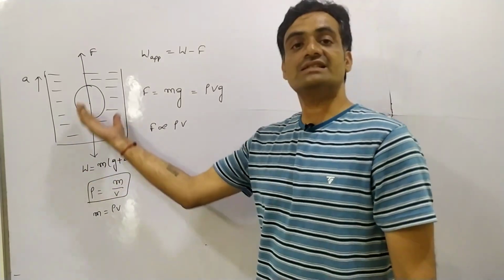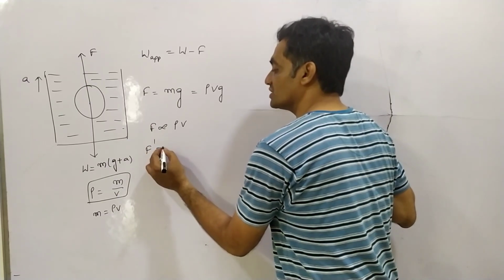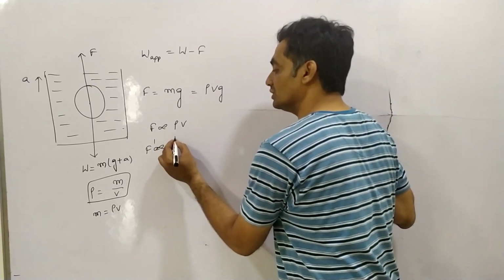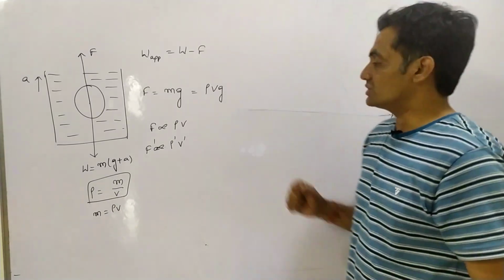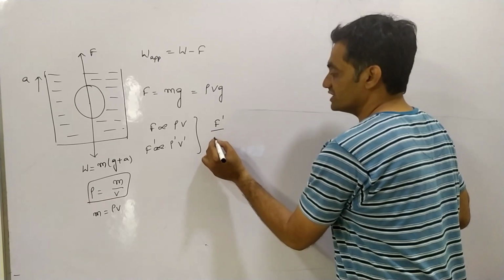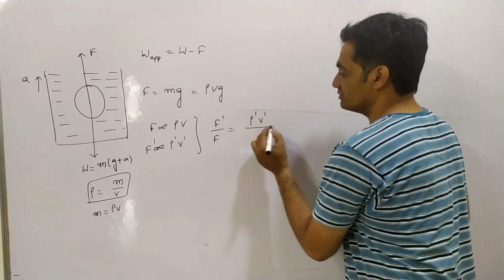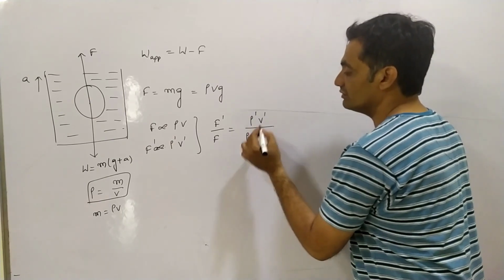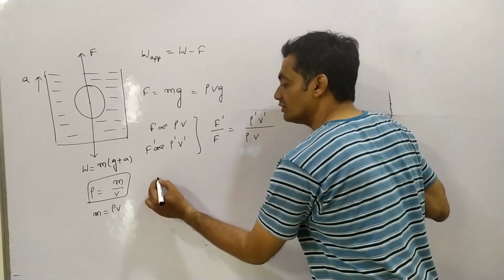Suppose we increase the temperature of the body, then the thrust is represented as F dash. F dash is directly proportional to rho dash into V dash. Now when we divide these two equations, the expression can be represented as F dash by F equals rho dash V dash by rho into V, where we already saw the expression for rho dash.